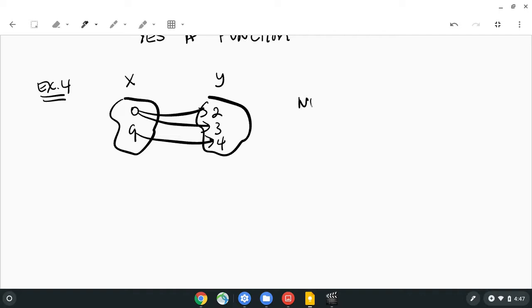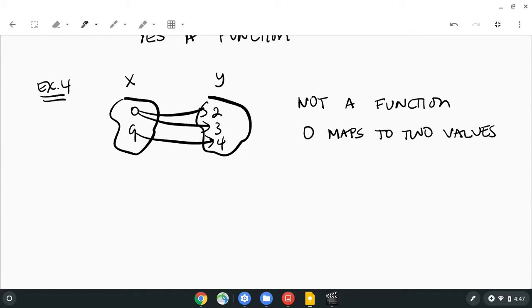Okay, hopefully you said no. So not a function. Okay, not a function. Okay, and the reason why is because 0, right? 0 maps to 2 values.